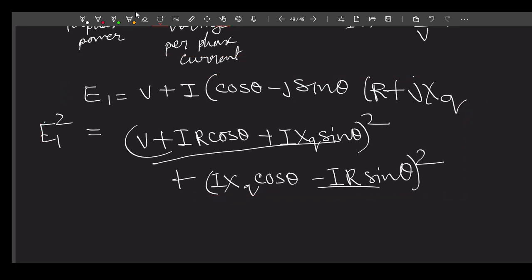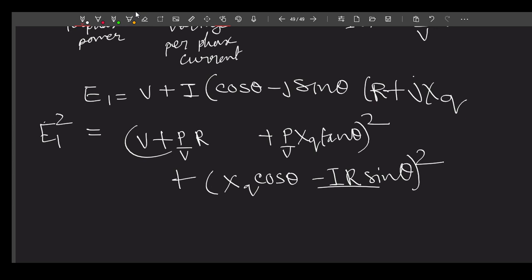Now what we can do is replace this I cos theta by P, right? So we can replace this I cos theta by P by V, and this one by tan theta, right?